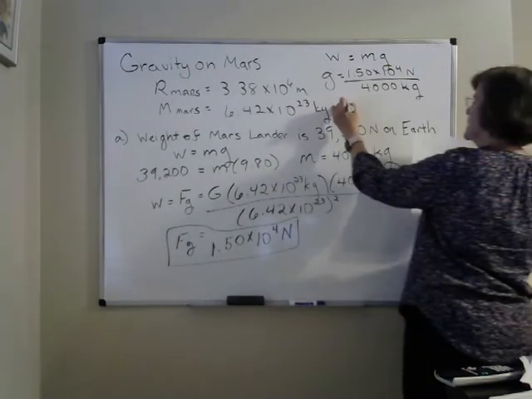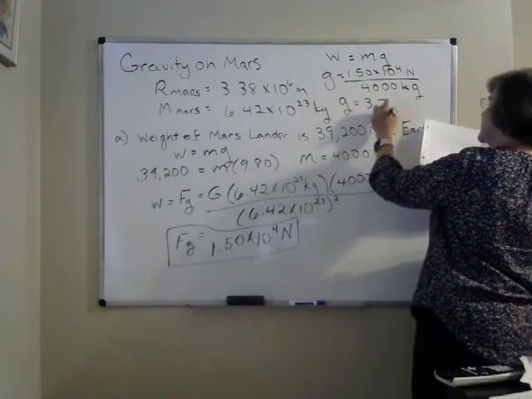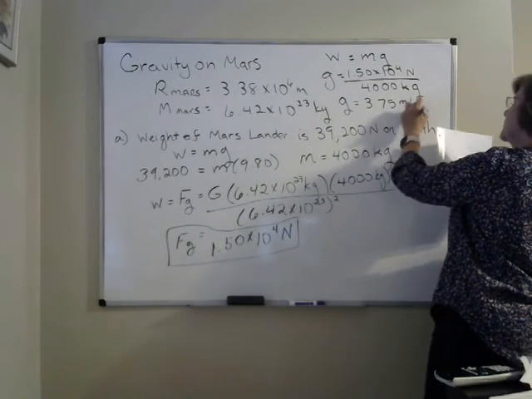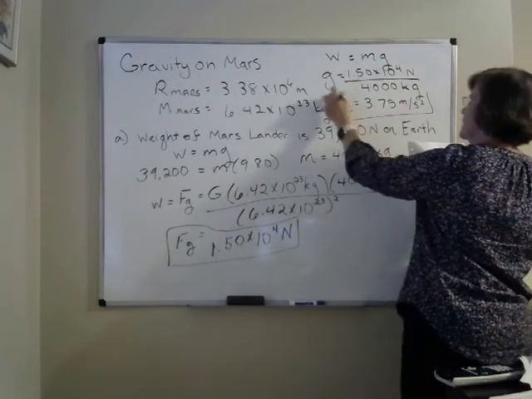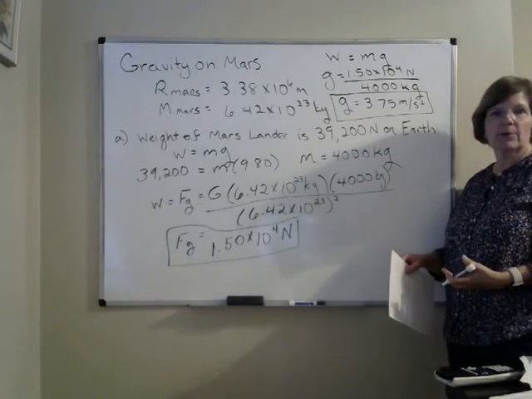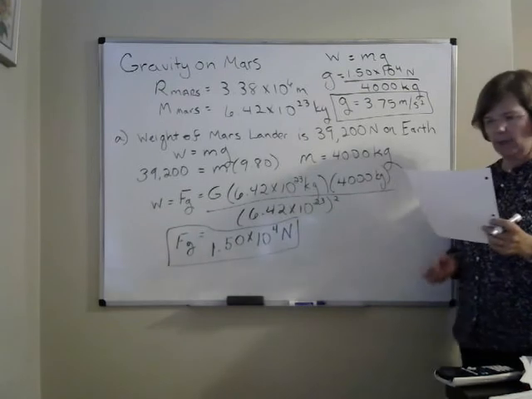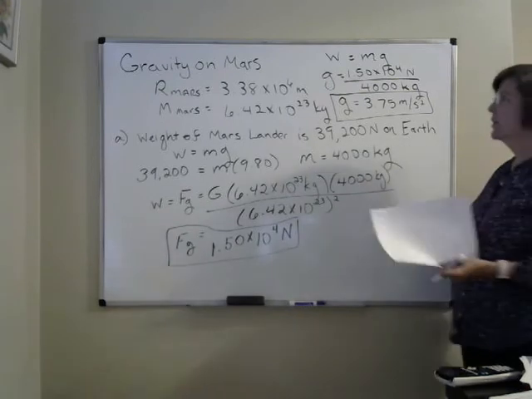And I get an acceleration due to gravity of 3.75 meters per second squared. That's a larger gravity than we have on the moon, which was about 1.62, but definitely a lot less than the 9.80 that we have on Earth.